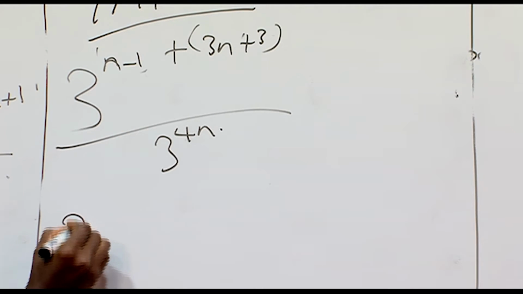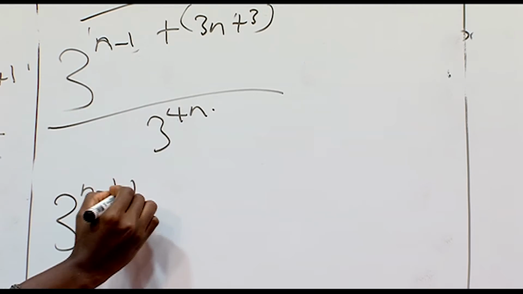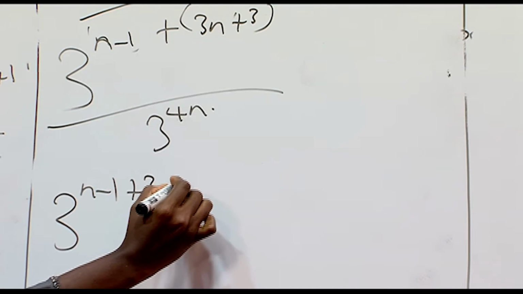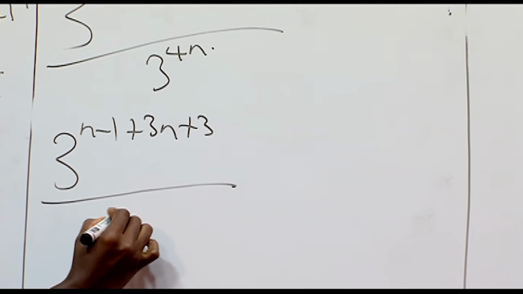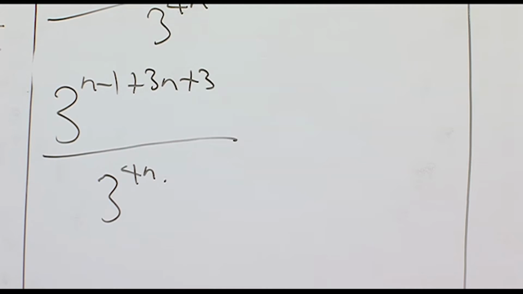Opening the bracket, 3n minus 1 plus times 3n is plus 3n, plus times plus 3 will still give you plus 3, all over 3 raised to power 4n. We have to simplify this before we move ahead.